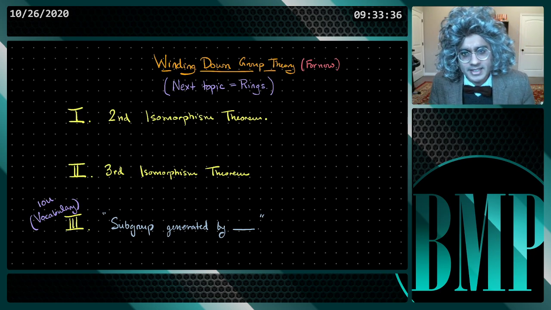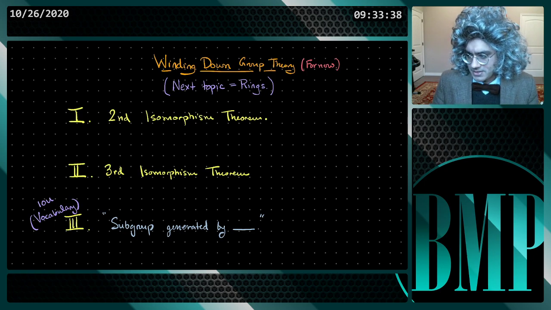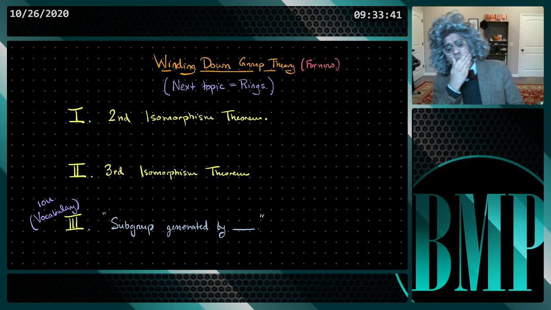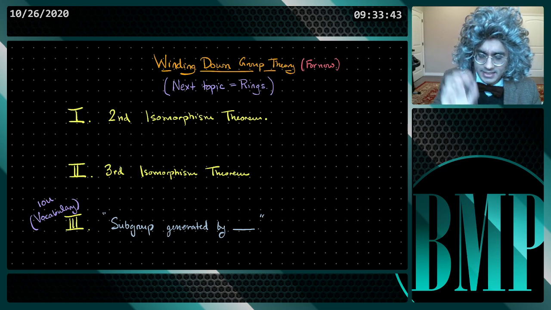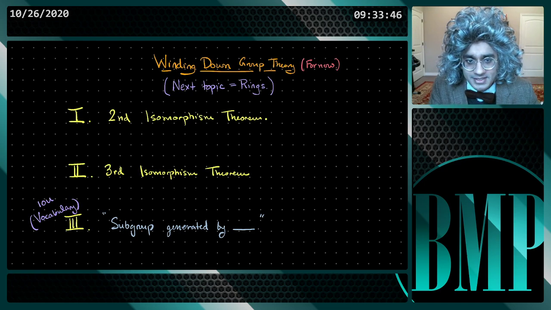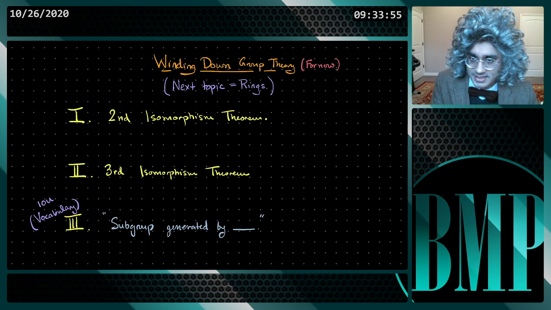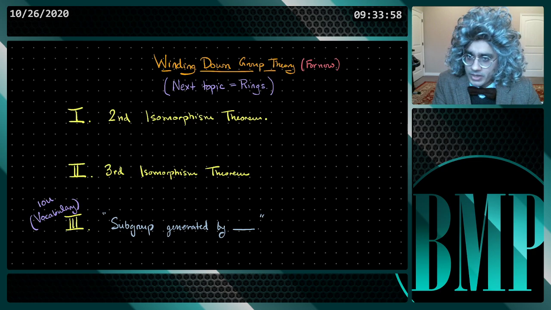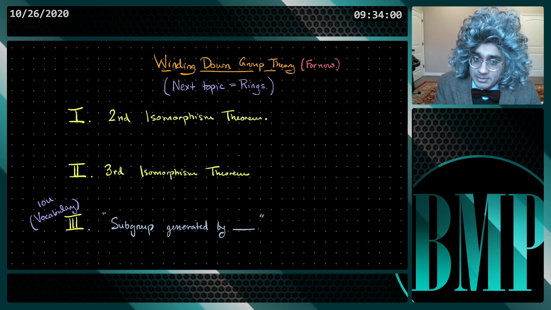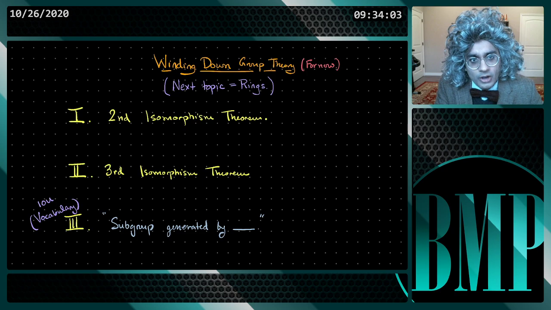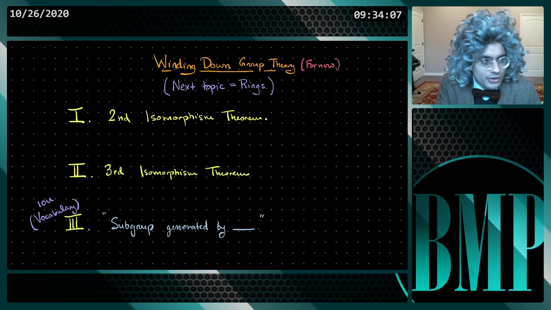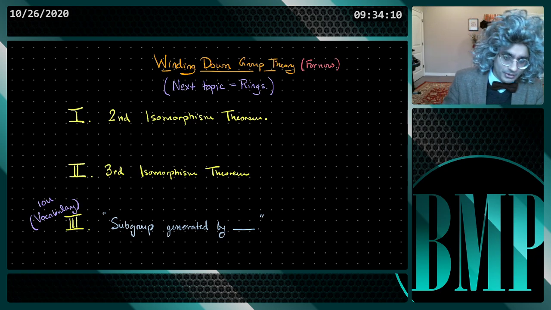It's probably a good idea that you see what that means quite clearly in an algebra class, because the phrase generated by is used all the time. And you might think you know what it means, but maybe your definition is not so rigorous. And so I'll show you the clean way to define the concept of generated by. Okay, so let's begin that. Let me tell you what the second and third isomorphism theorems are about.